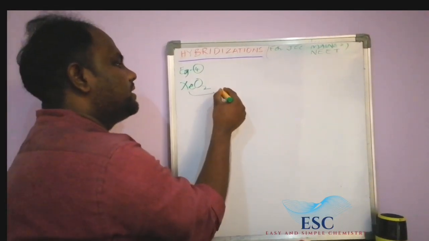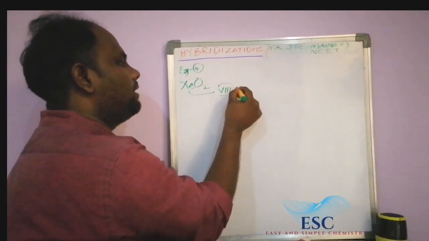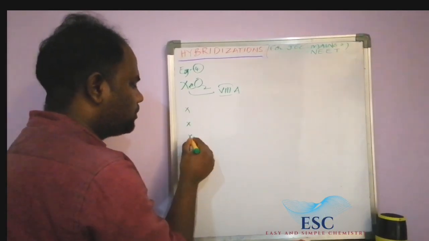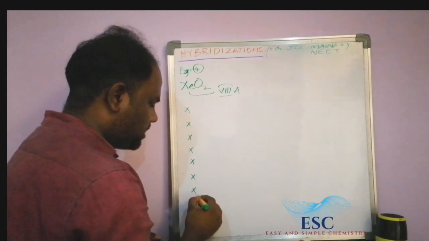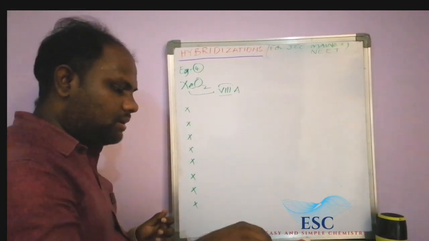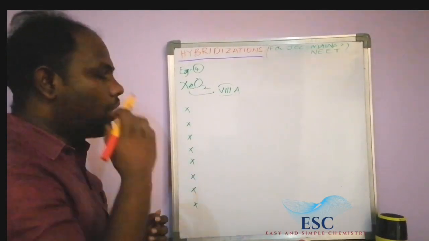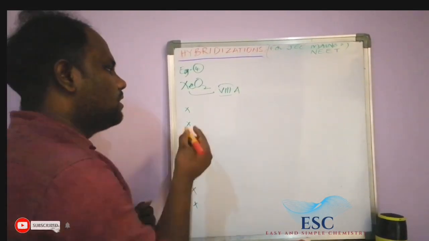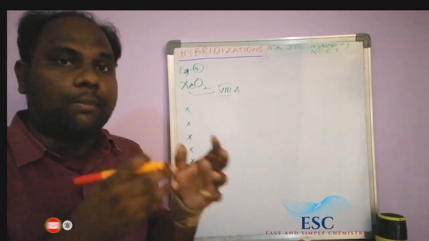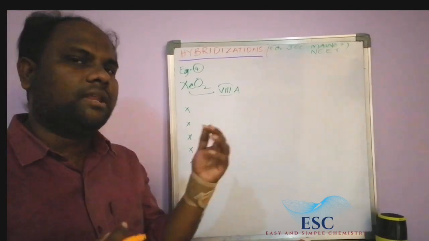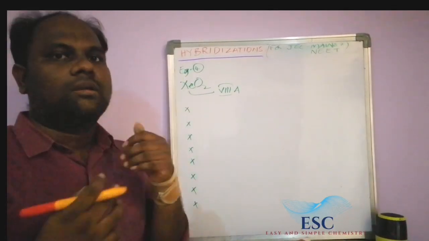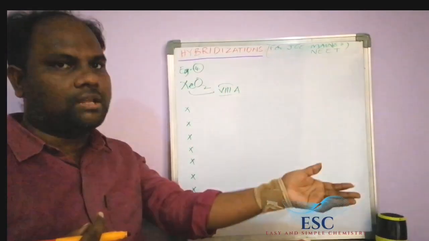Xenon is an 8th A group element, a stable element. 8th A group means how many cross marks? 1, 2, 3, 4, 5, 6, 7, 8. 8 cross marks. How many oxygens are here? 2 oxygens. Oxygen can form a double bond, whereas the remaining elements form single bonds, so we write 1 cross mark overlapping directly with another element.